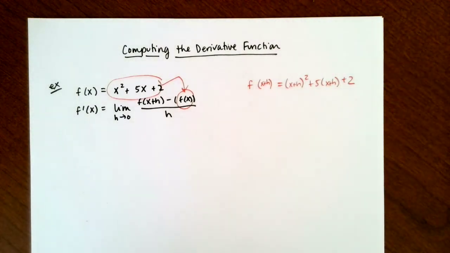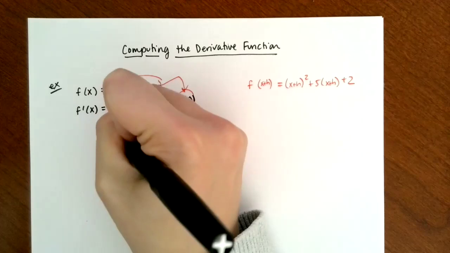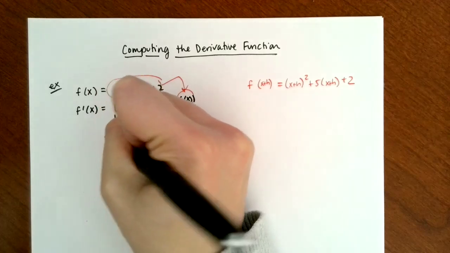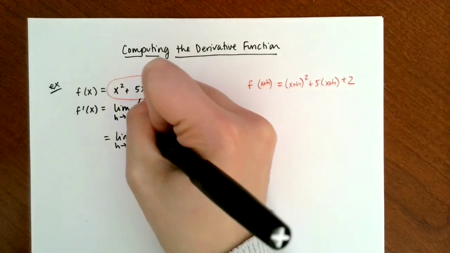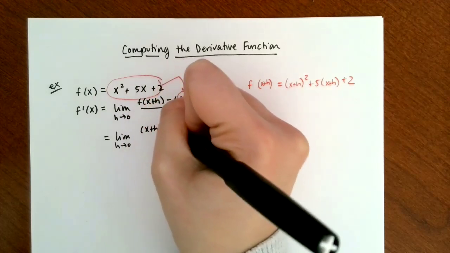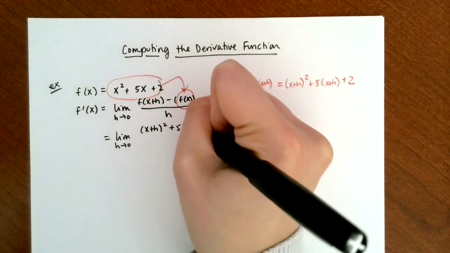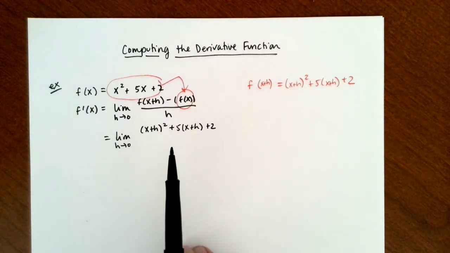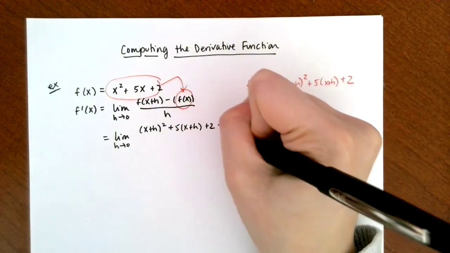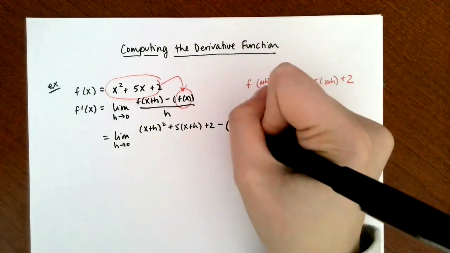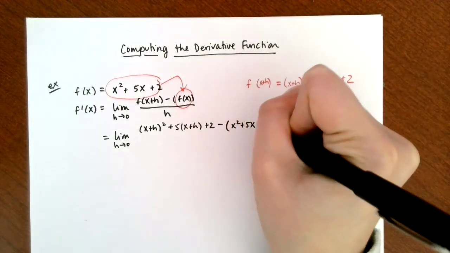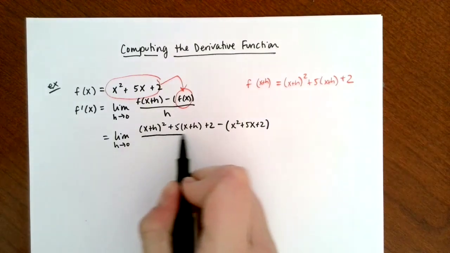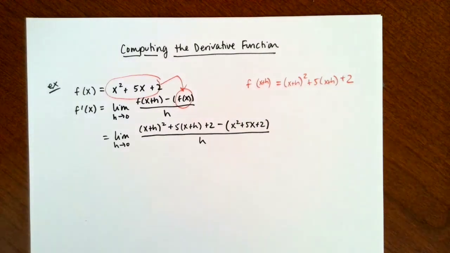Okay, so that gives us the limit as h approaches 0 of (x plus h) squared plus 5(x plus h) plus 2. All that is just f of x plus h. And then we'll have minus parentheses, original formula, all divided by h.